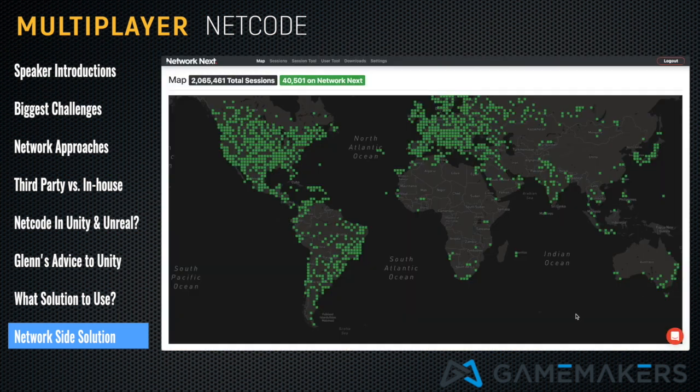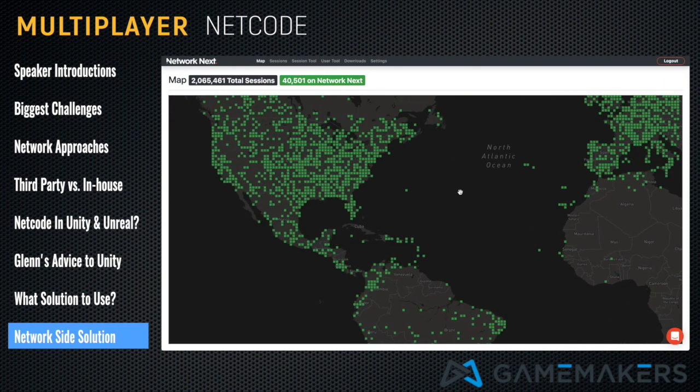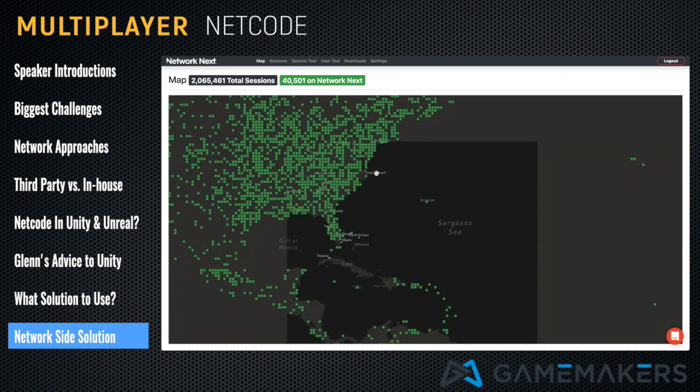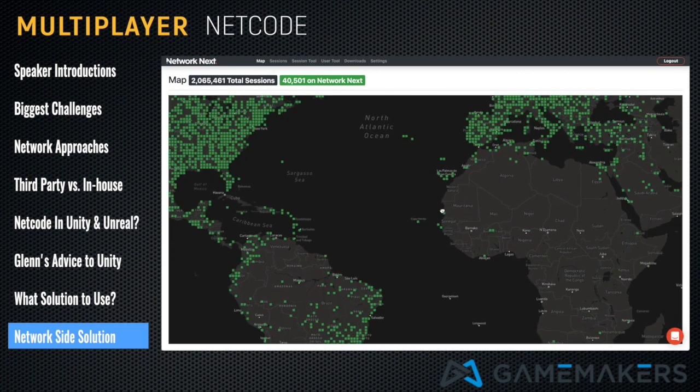Can I just share my screen? Yeah, please. This is what we see, and these are all players that are getting improvements versus the default public internet routing, and it's everywhere. Are there bigger improvements in Africa and South America? Yes.